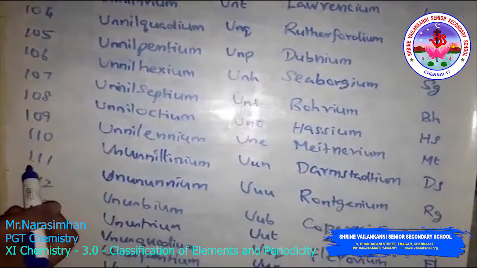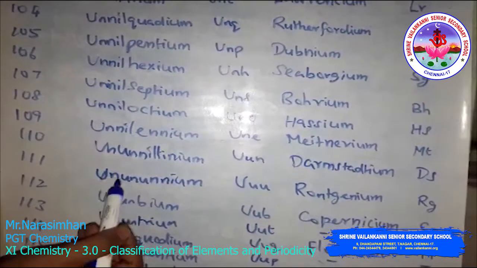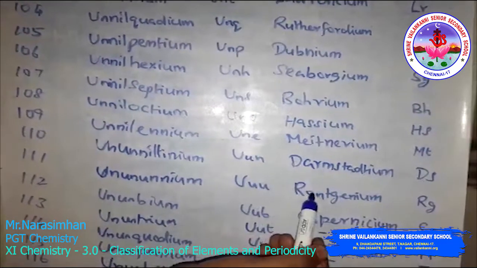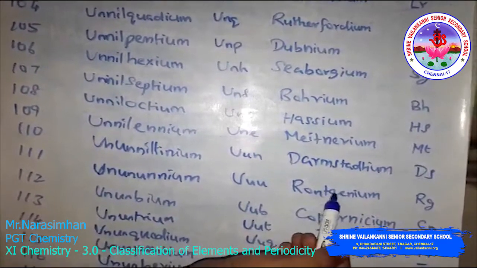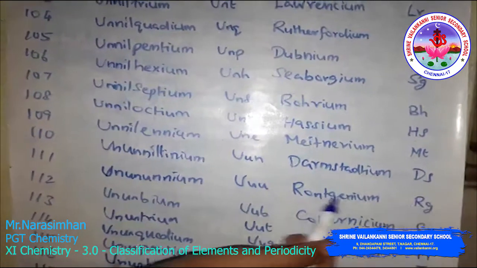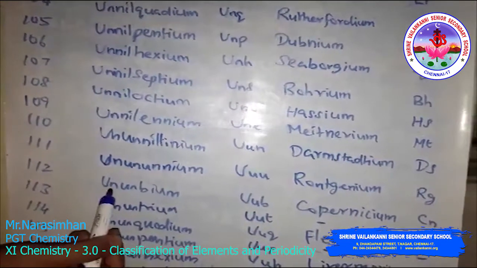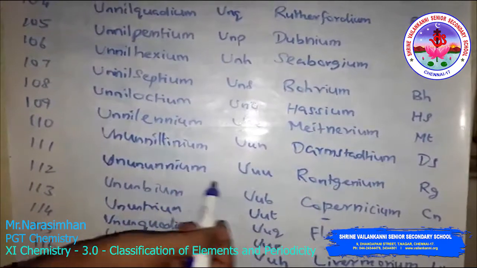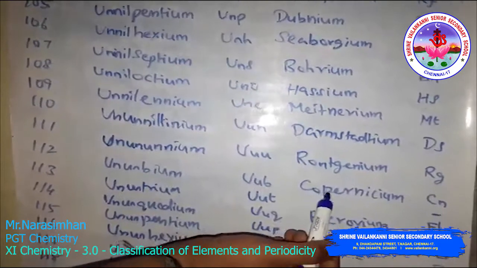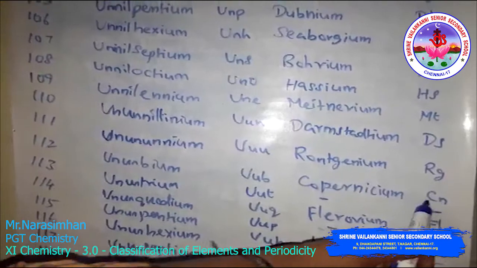Then atomic number 111, the nomenclature name is Unununium, the symbol is Uuu, and the IUPAC name is Roentgenium, the symbol is Rg. 112 atomic number, the IUPAC nomenclature is Ununbium, symbol is Uub, and the name is Copernicium, symbol is Cn.